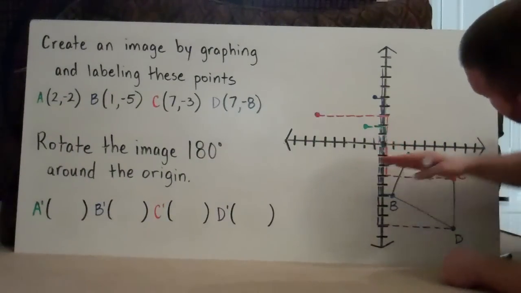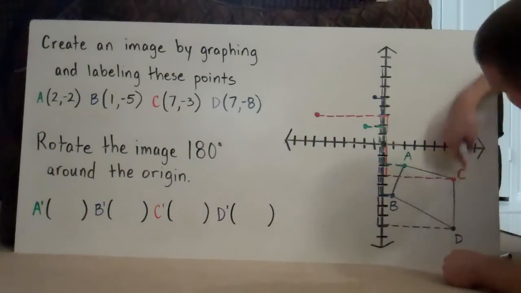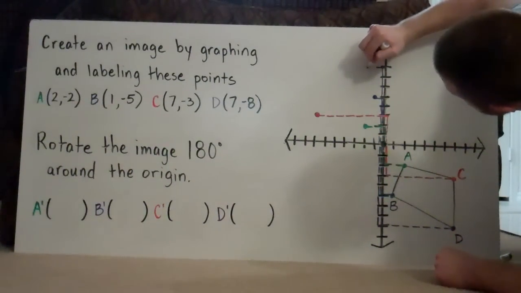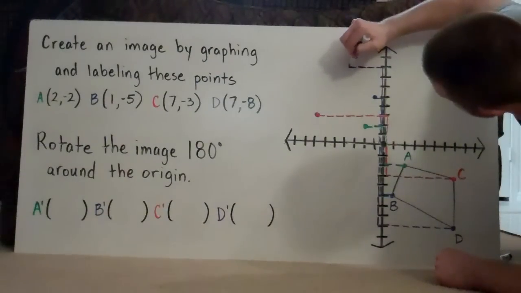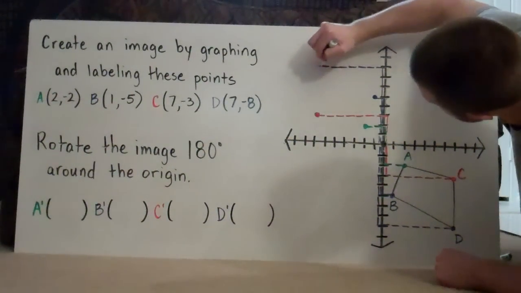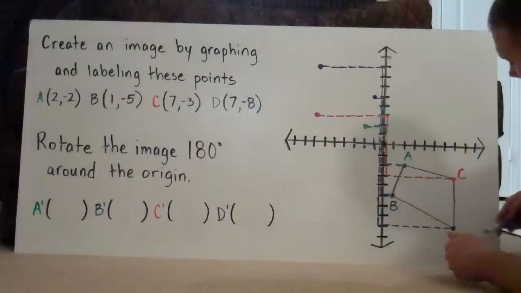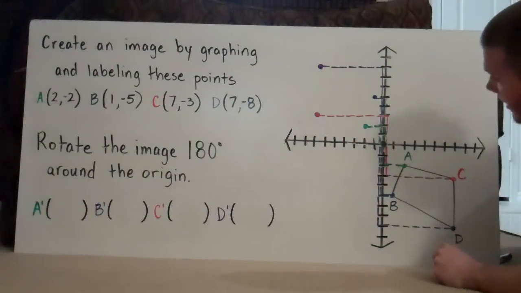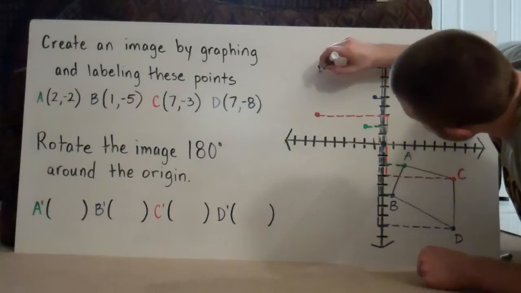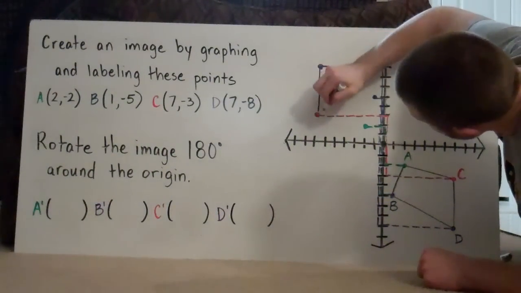And it is going to go over 7. So 1, 2, 3, 4, 5, 6, 7. Now I can connect all these points to form my four-sided polygon.